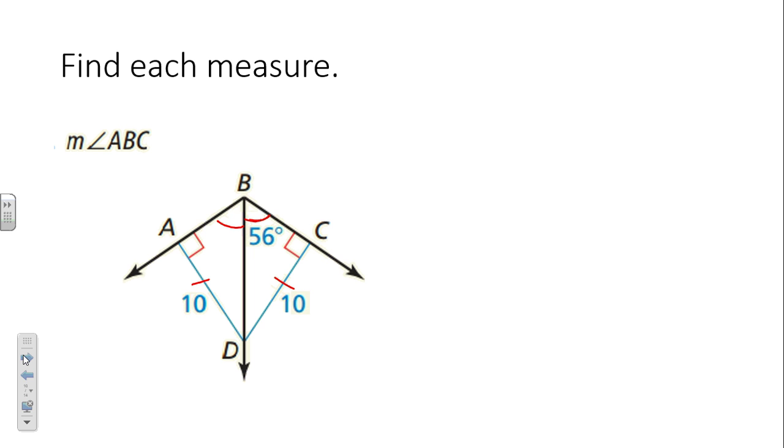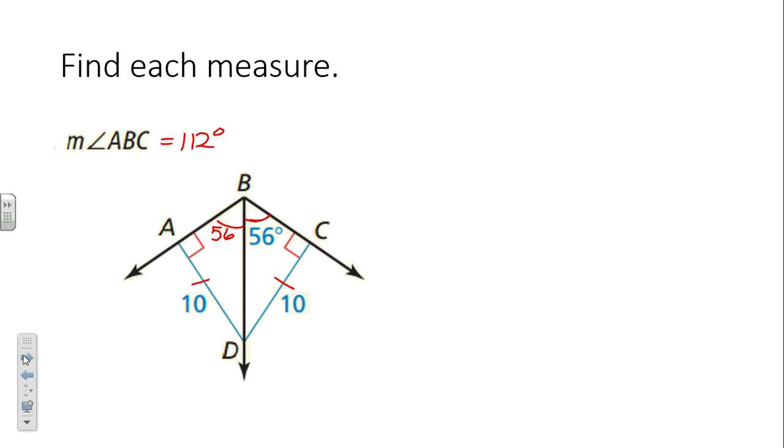And yes, AB and BC will be congruent because these will be congruent triangles. Okay? So once we know that these two are congruent, if angle DBC is 56 degrees, what do we know about ABD? Also 56, angle bisector. And if we're trying to find angle ABC, what do we have to do? Add them. 56 and 56 is 112.